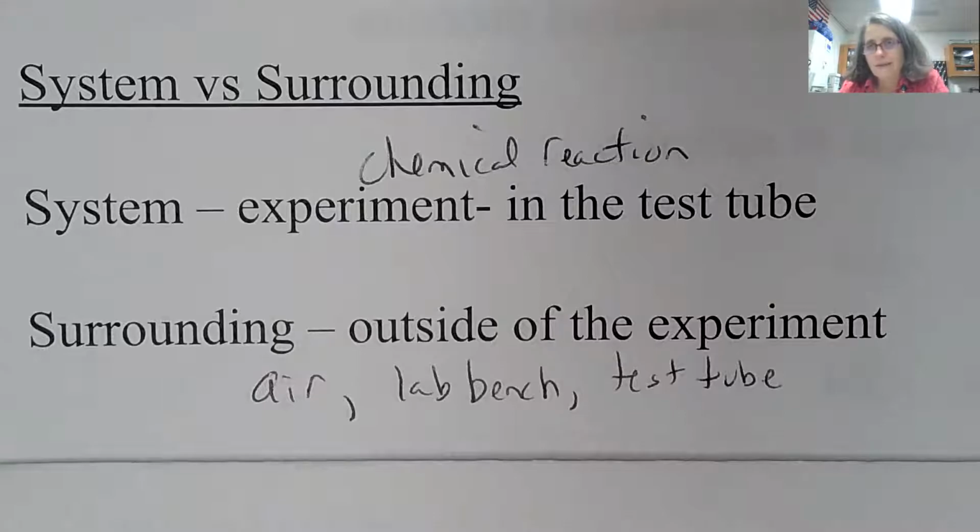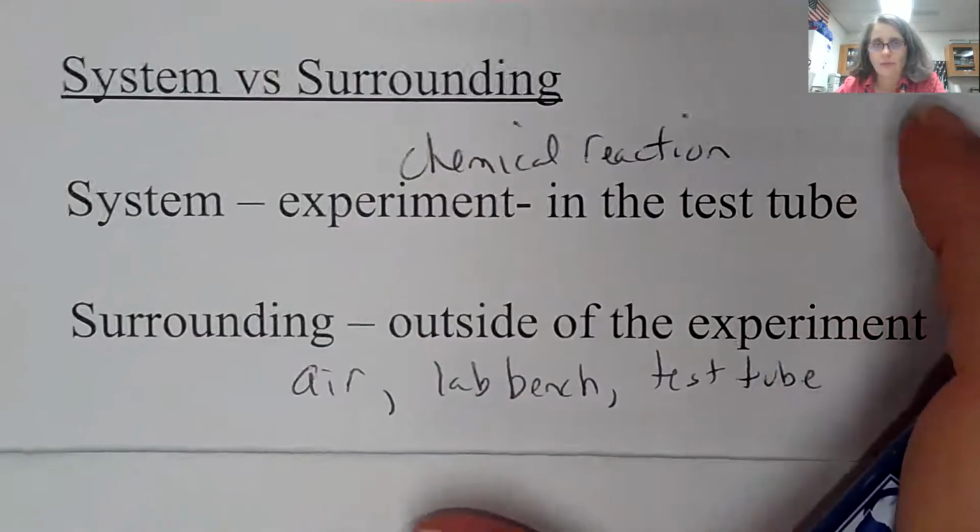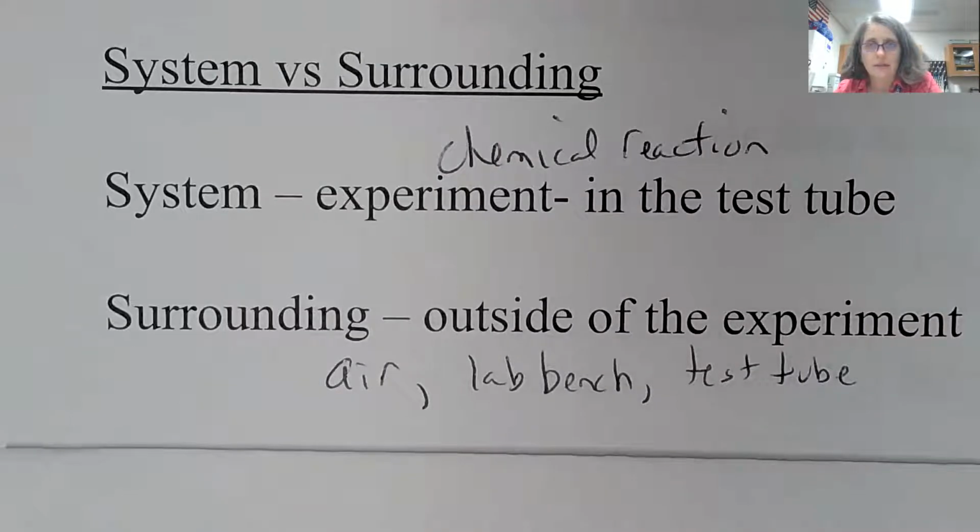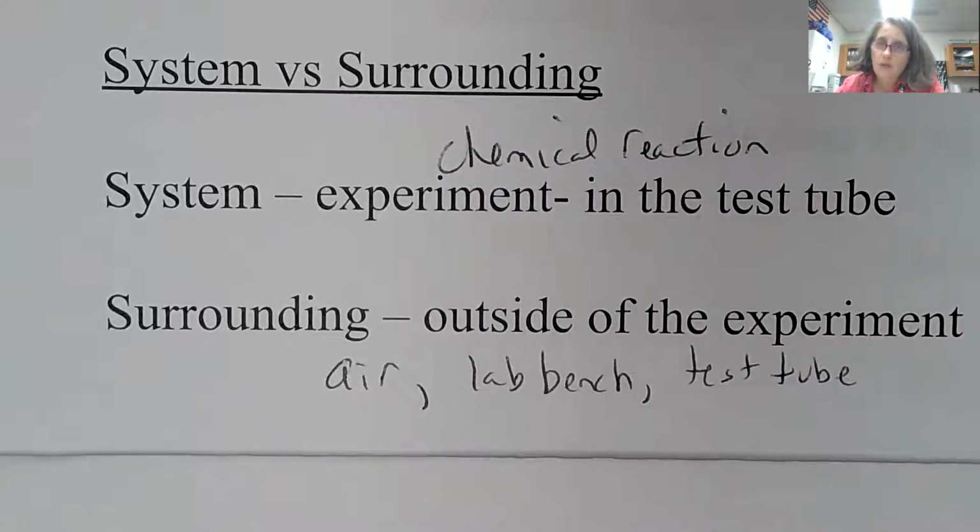So the surroundings is everything outside the experiment. It also could be the water that is in the chemical reaction itself, but that's a little bit beyond our discussions at this level.